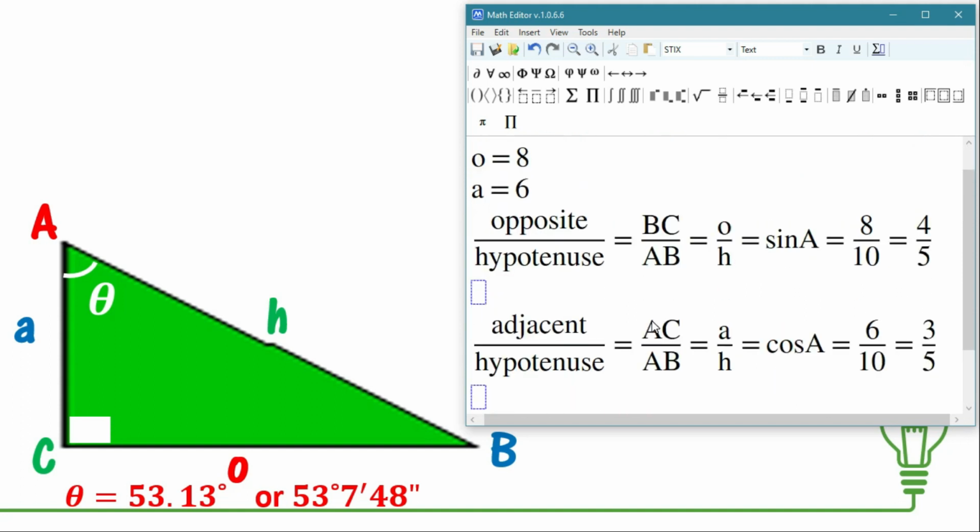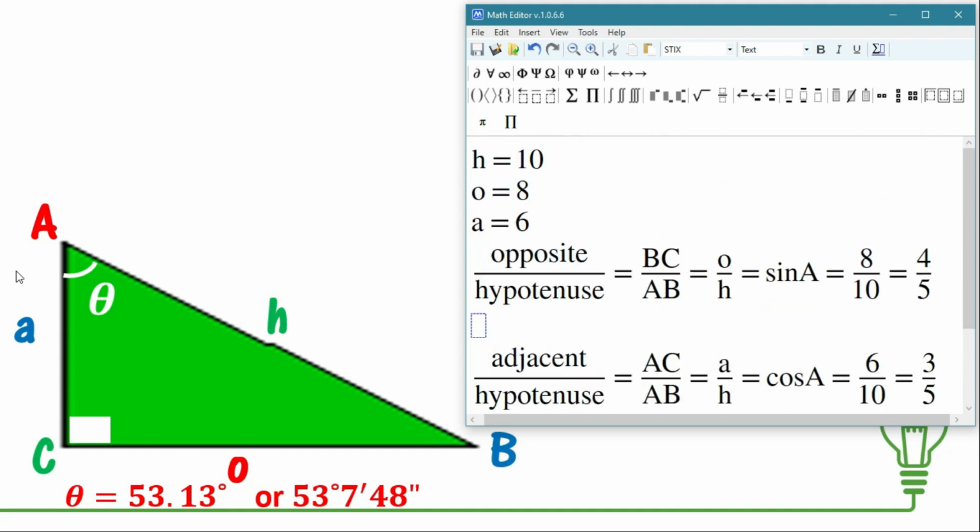So, we said earlier that it's not only A that we can get a function from. We can also get a function of B. So, what relationship do we see between A and B? Since C is a right angle. Okay? Meaning to say, angle A and angle B are complementary.